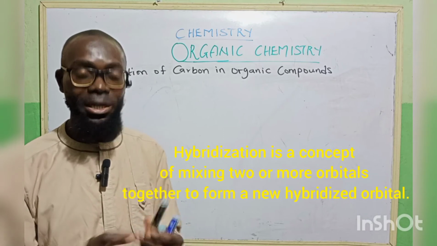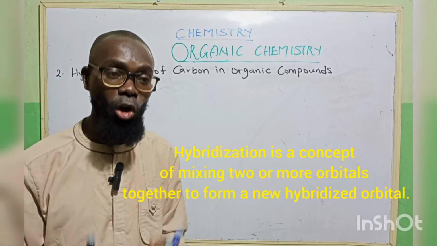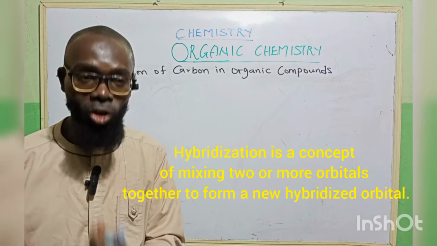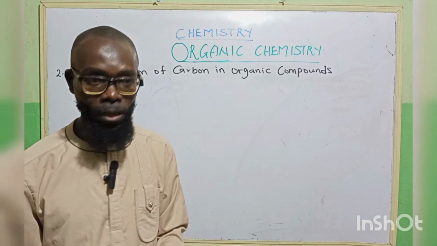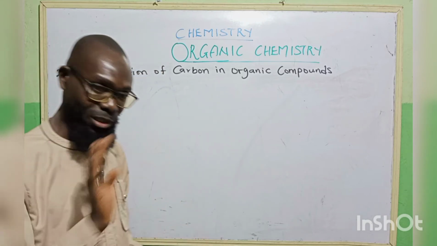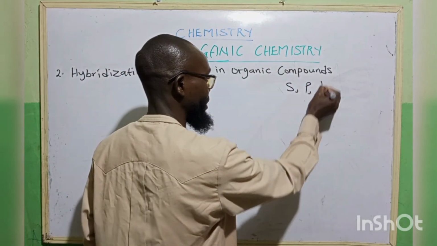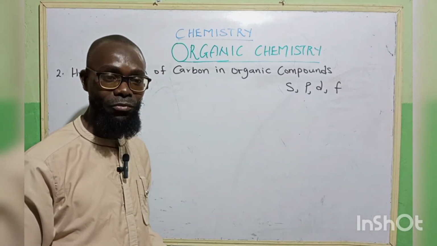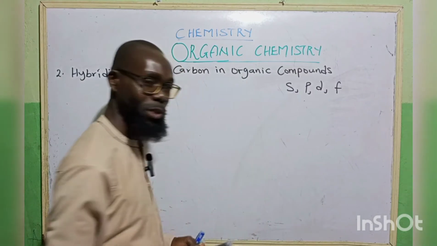When we mix two or more orbitals together to form a new hybridized orbital, we refer to it as hybridization. Now, we have four orbitals, which are the s, p, d, and f orbitals.